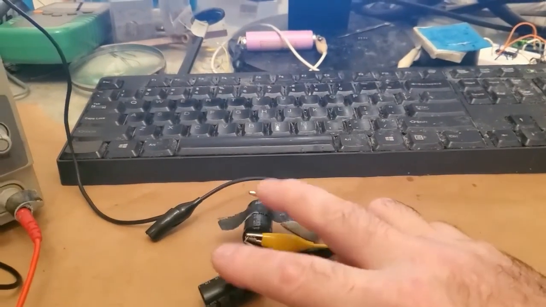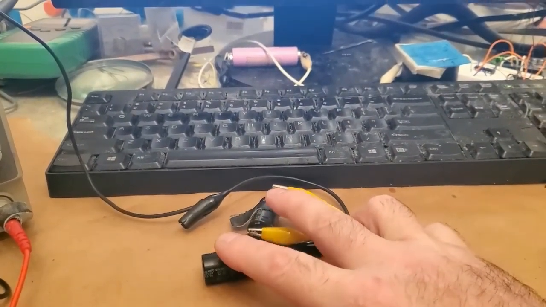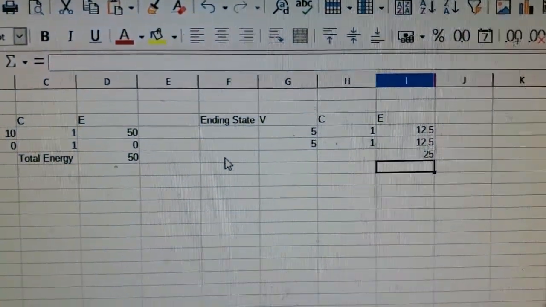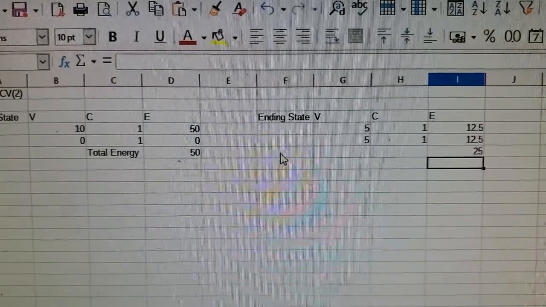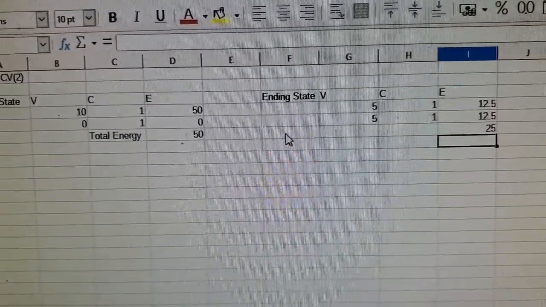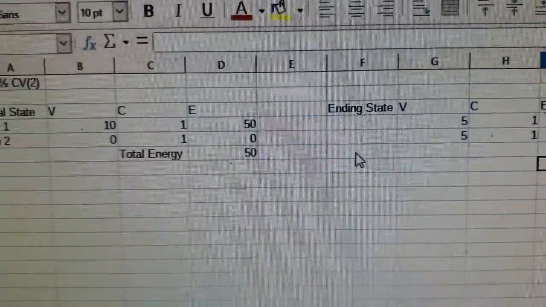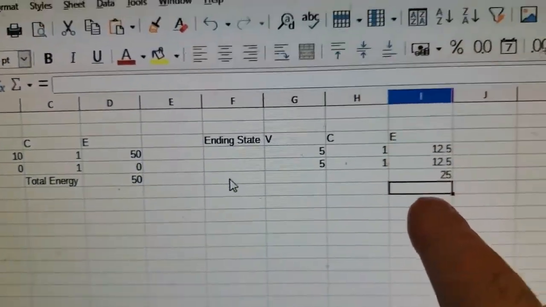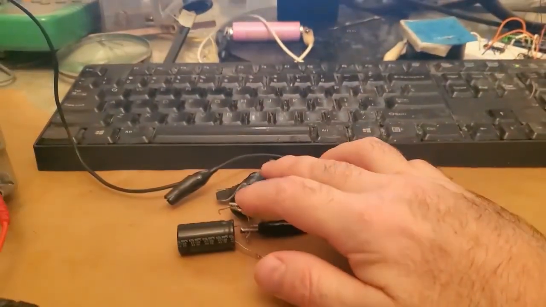Or before we do that, let's discharge a large cap into a small cap and a small cap into a large cap and do this same thing. And then we can further see what nonsense the explanations are. But just to be clear, half of your energy was lost moving from one place to another.